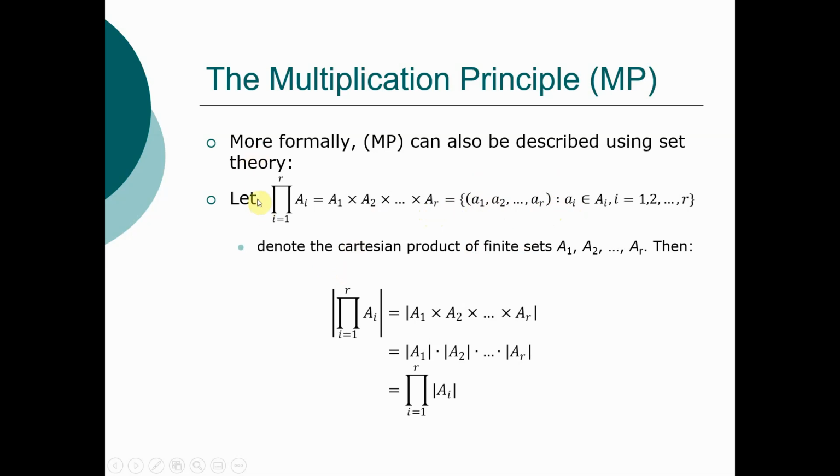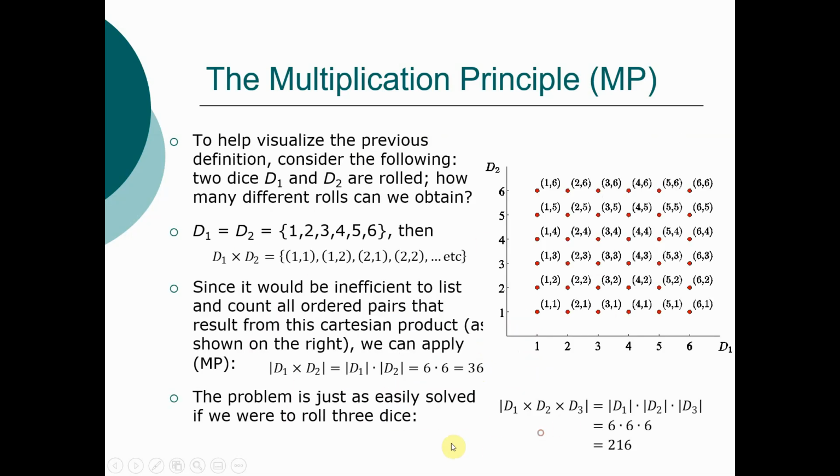We want to figure out what is the number of elements in this Cartesian product set, right? In this Cartesian product set, the number of elements is going to be the number of elements in A1 multiplied by the number of elements in A2 all the way to the number of elements in AR, and you can denote that using the expression given here.